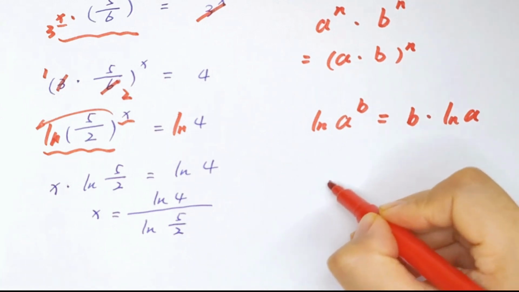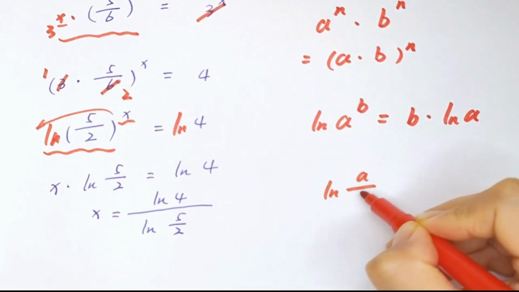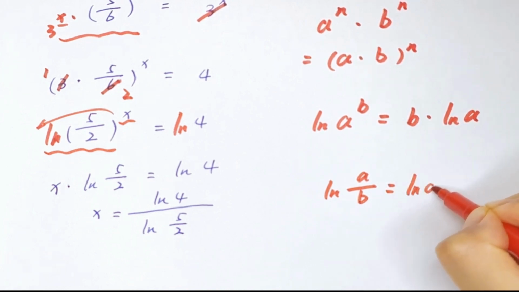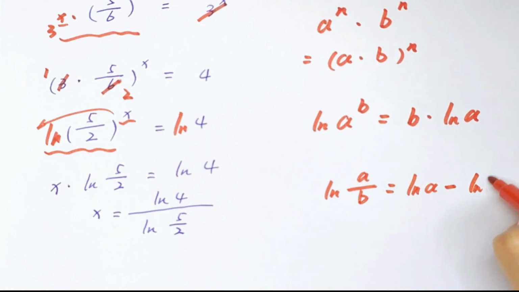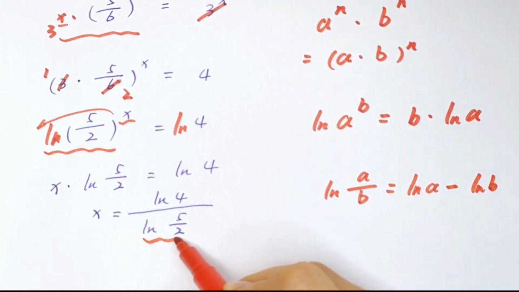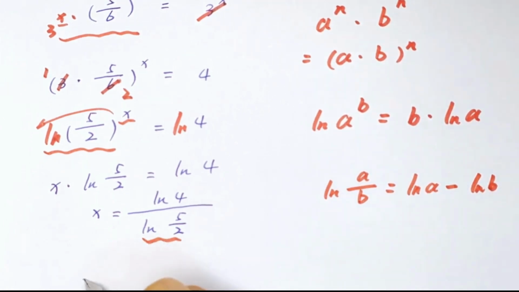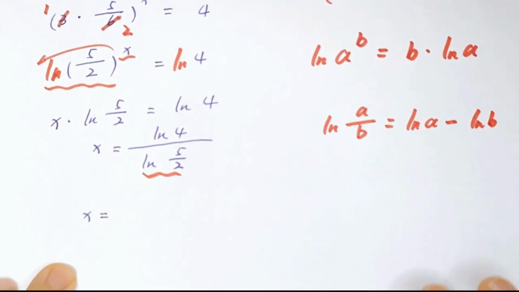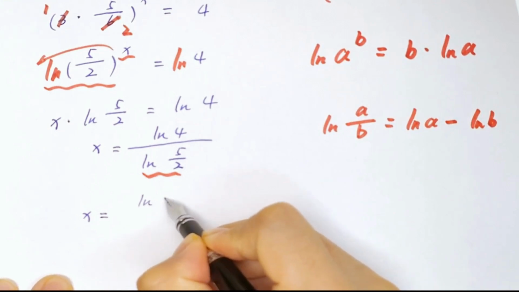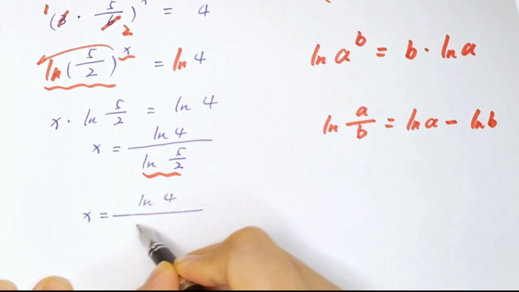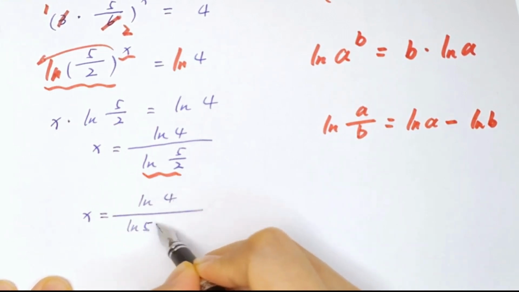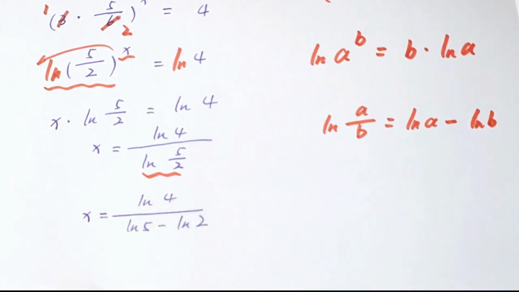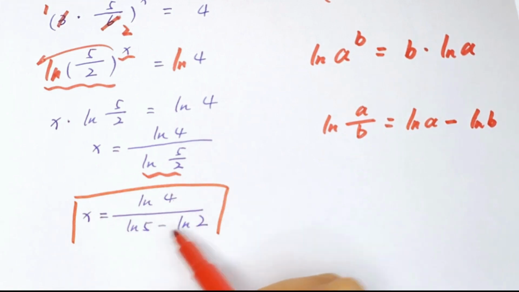We know ln a over b equals ln a minus ln b. So this is the same as x equals ln 4 over ln 5 minus ln 2. So this is the final answer.